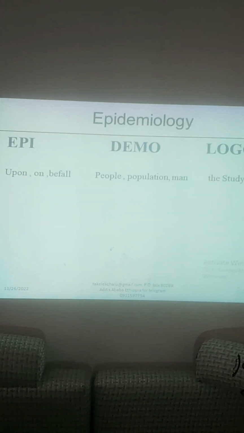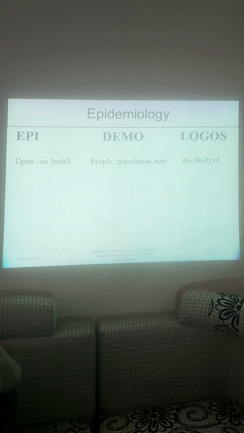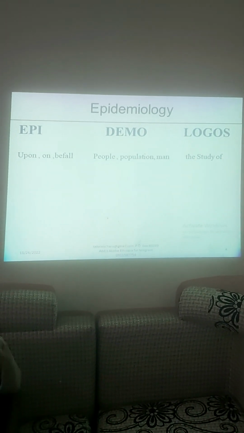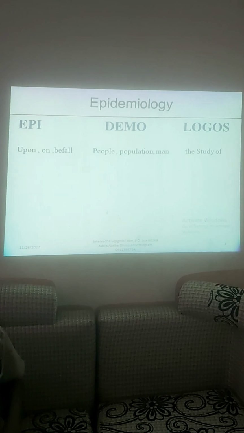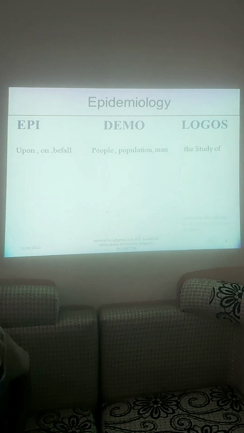So simply, the word epidemiology, from the very beginning, is epi plus demos plus logos. Epi is equal to upon or on or before man, demos is equal to people, district, or population, and logos is the study of, or the doctrine of prevention and control of health problems.